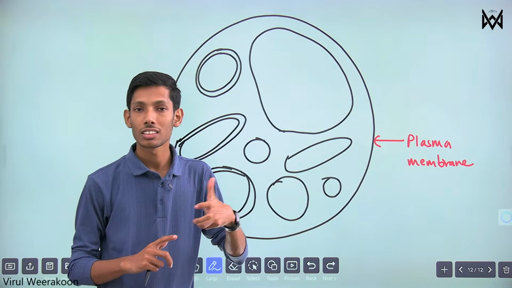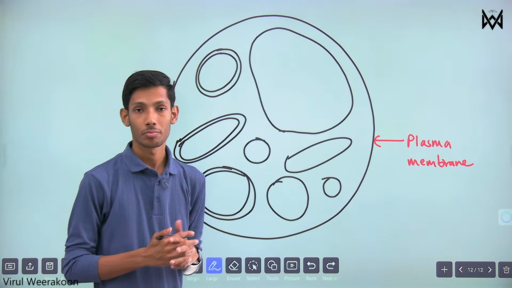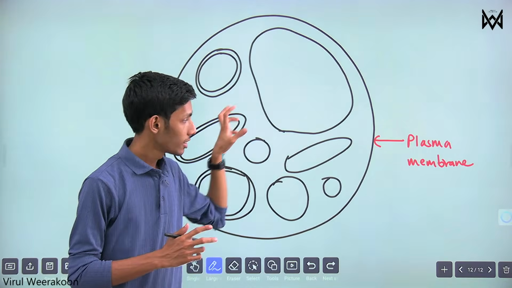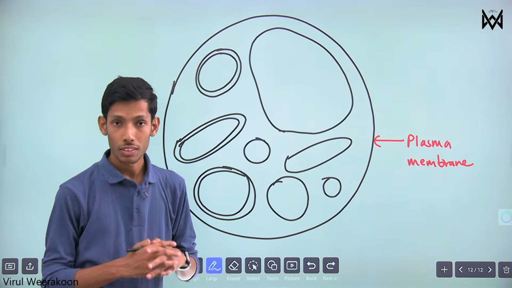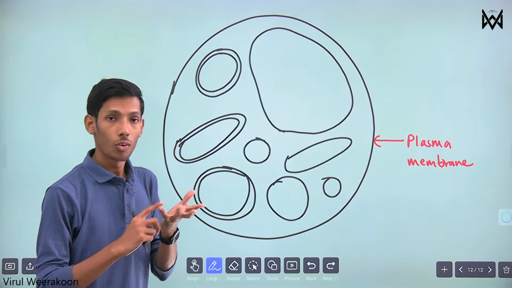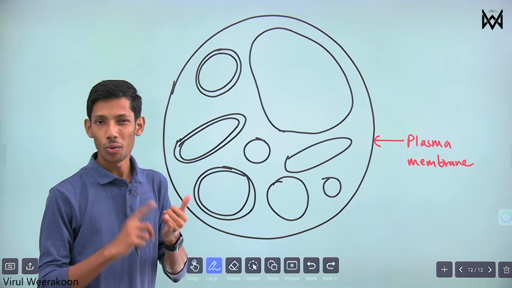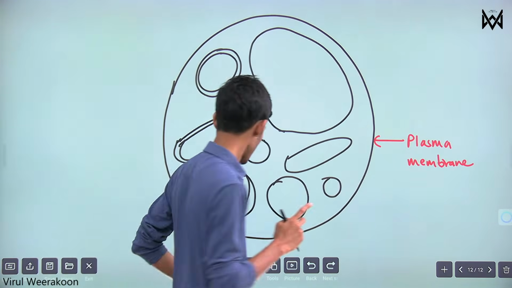It means the structure of the plasma membrane is shared with the rest of the organelles. So all the single membrane bounded and all the double membrane bounded organelles have a similar structure, right?